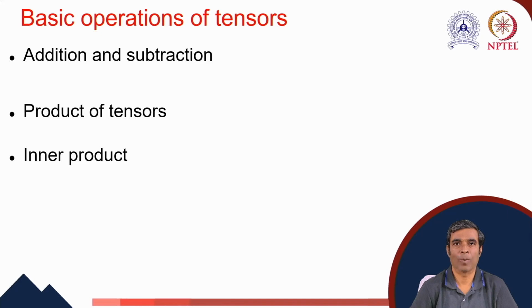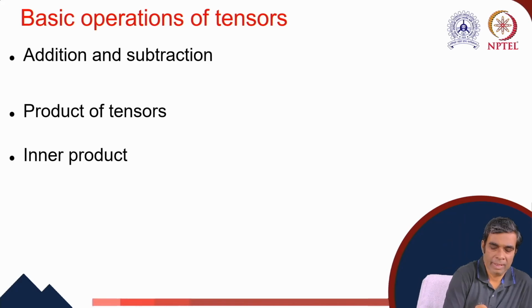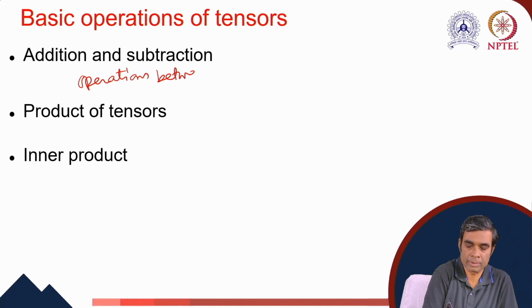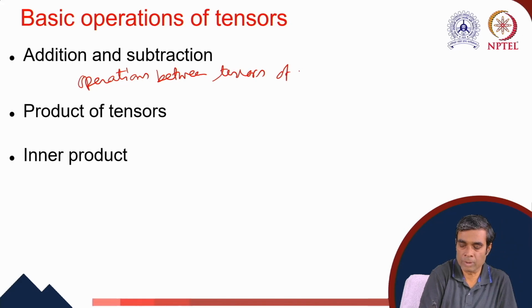Under basic operations of tensors, we discuss the addition, subtraction, product, and division of tensors. First, we consider the addition and subtraction of tensors. Addition and subtraction operations of two tensors are possible if they are of the same order.